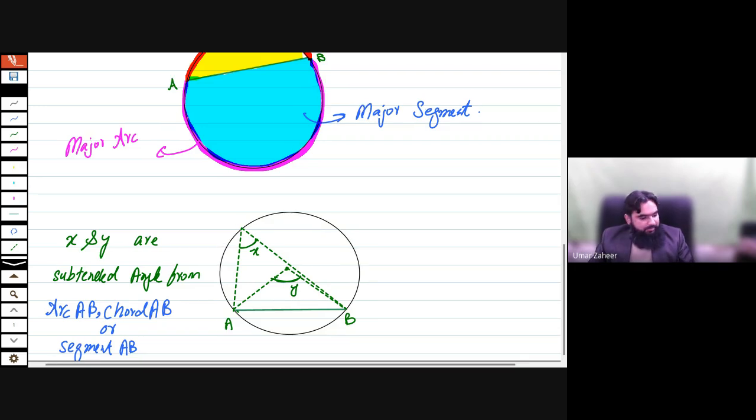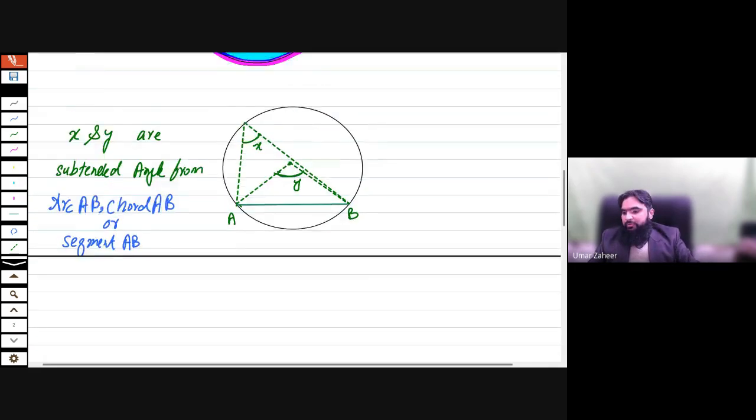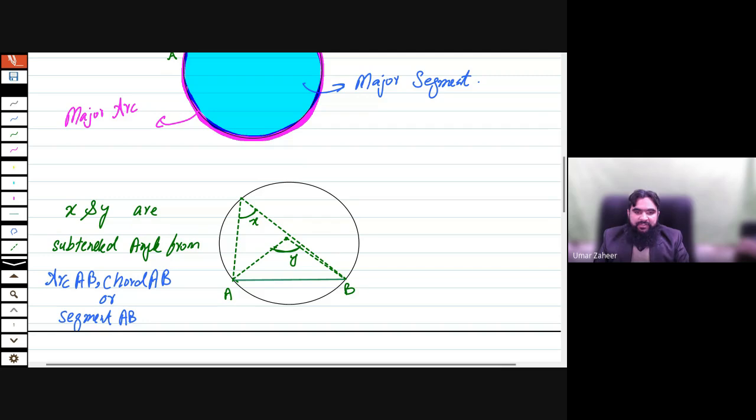All right. So now look at here. One is on the circumference and one is on the center.